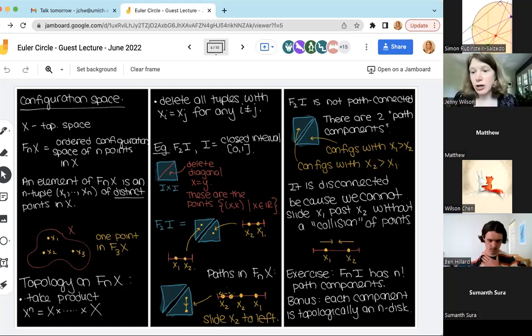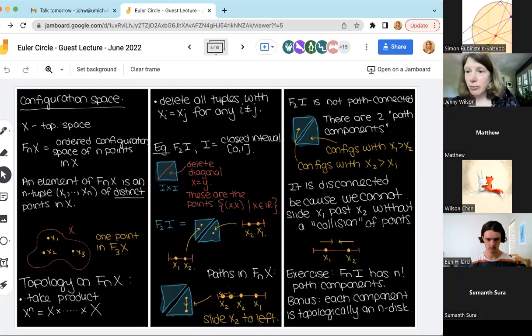And the short answer is the continuous maps of that form just don't exist in general. So for a general space X, there is no good way to embed X into its configuration space subject to these conditions that I want X to be the first component of the configuration. And there are exceptions. There are spaces where you can do this.